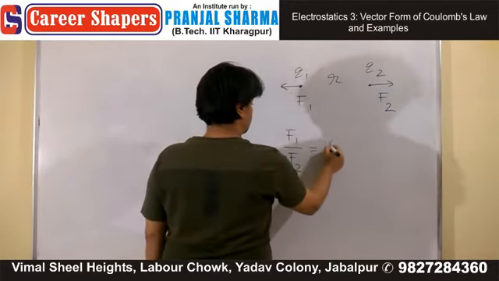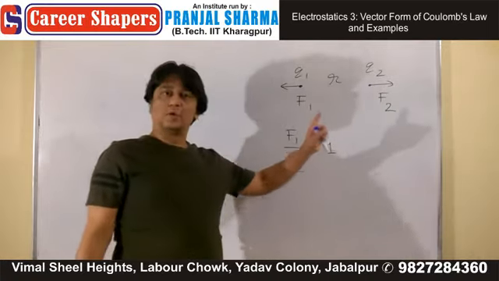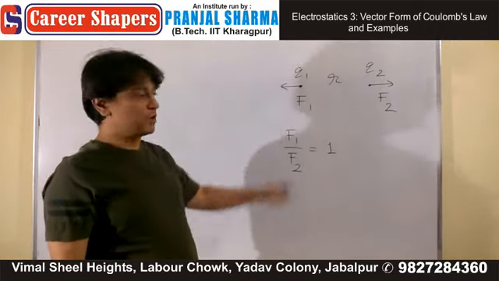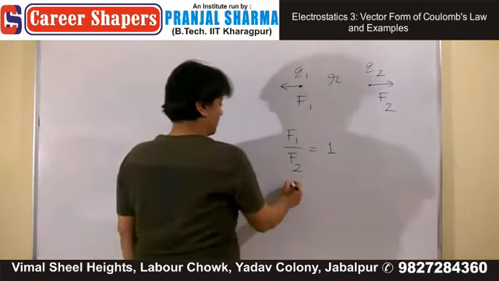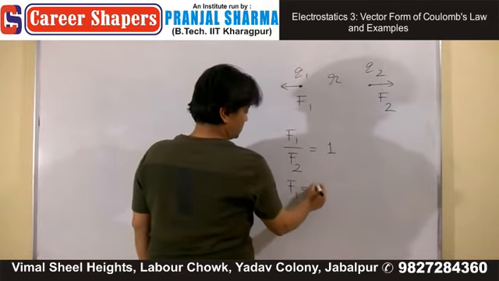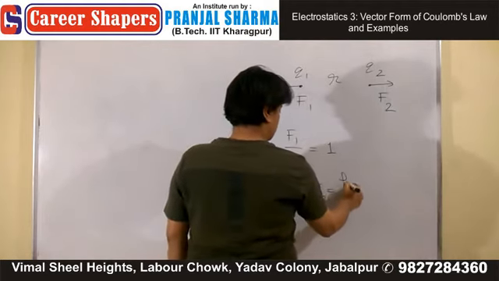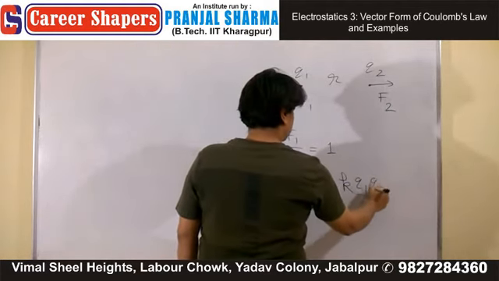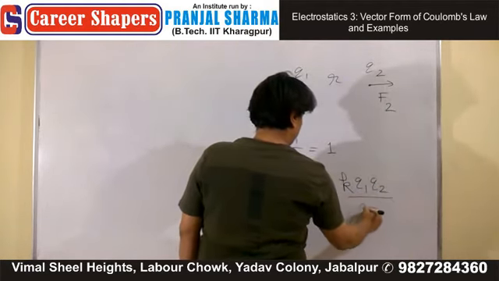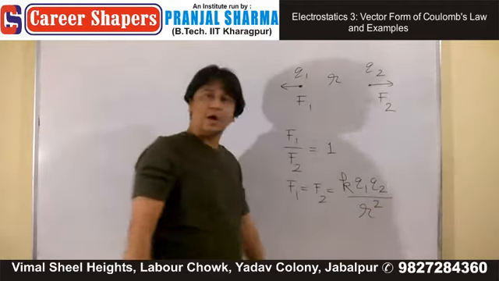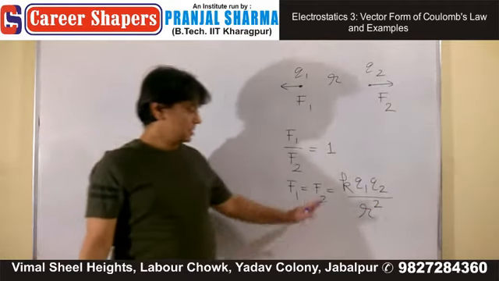first of all is 1. One is action, other one is reaction. And this magnitude is K times Q1, Q2 upon R square. What is K?